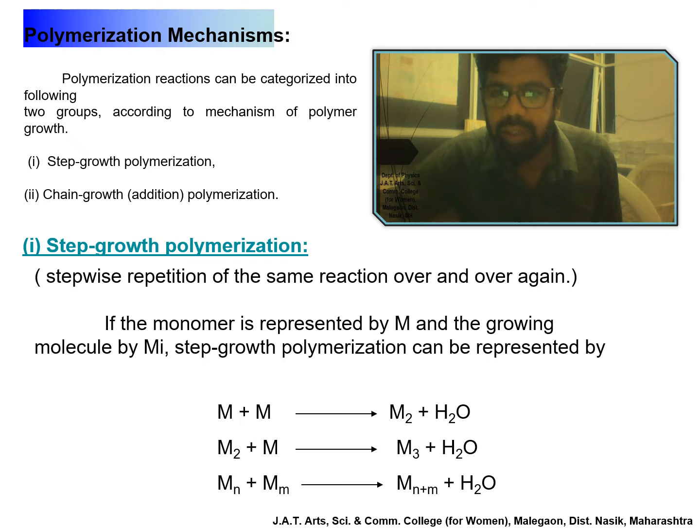Then M2 plus one monomer gives M3, with some water content. Similarly, the nth monomer and the nth molecule give the resultant product, and this resultant product is represented by a thin film.